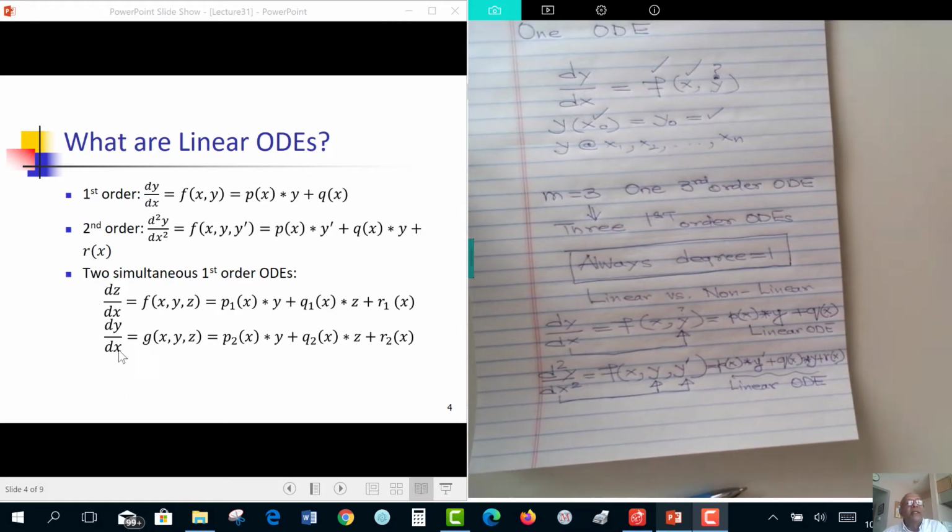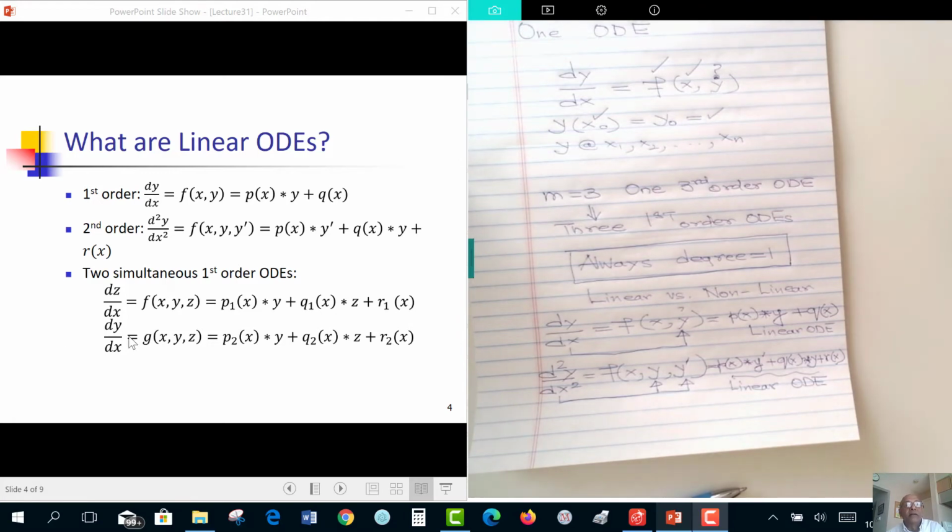In the same way, suppose we want to write two first order ODEs. Two first order means we have two unknowns, y and z. First we'll write dz dx as a function of x, y, and z. If it was to be a linear differential equation, same thing, we'll have something times y plus something times z plus a remainder, and these could all be functions of x.